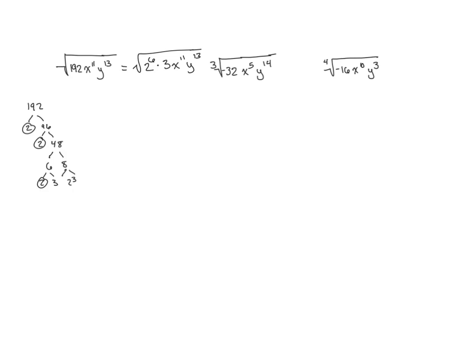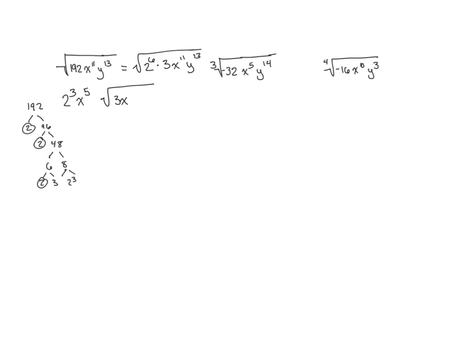Okay, and then we can go ahead. Remember, we're going to basically divide all the exponents by 2. The whole number goes on the outside of the radical, and the remainder goes on the inside. So 2 to the 6th, 6 divided by 2 is 2 to the third, no remainder. 3 to the first, that's not going to divide, so we're just left with 3 to the first power there. x to the 11th, 11 divided by 2 is 5, so we have x to the 5th on the outside and x to the 1st on the inside of the radical.